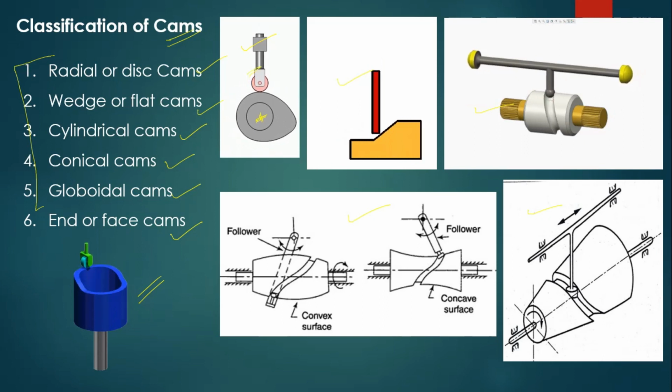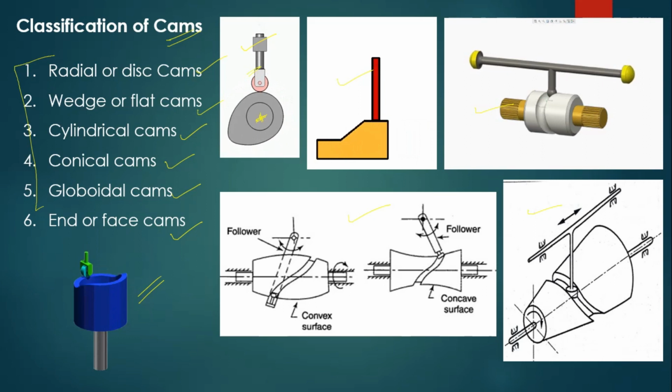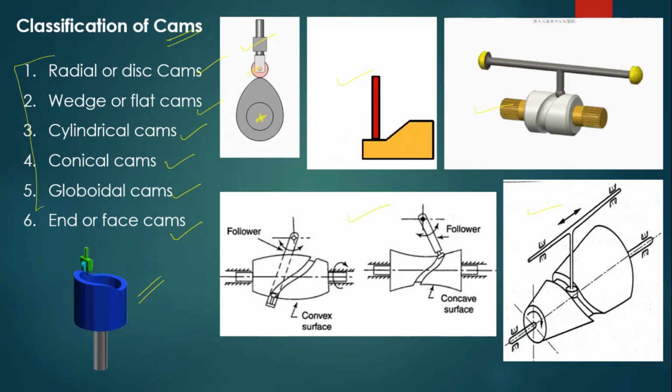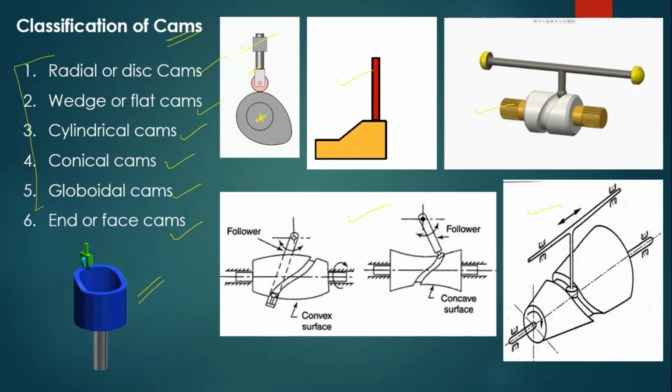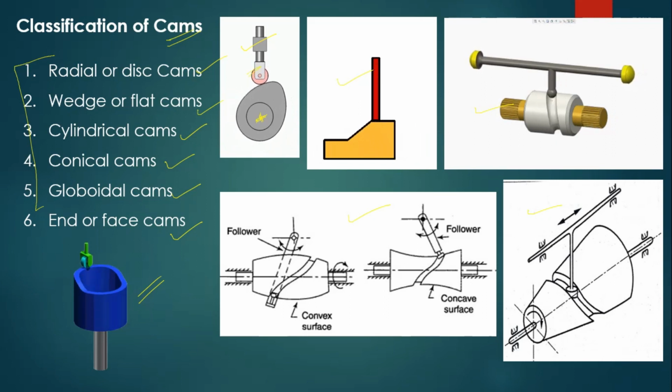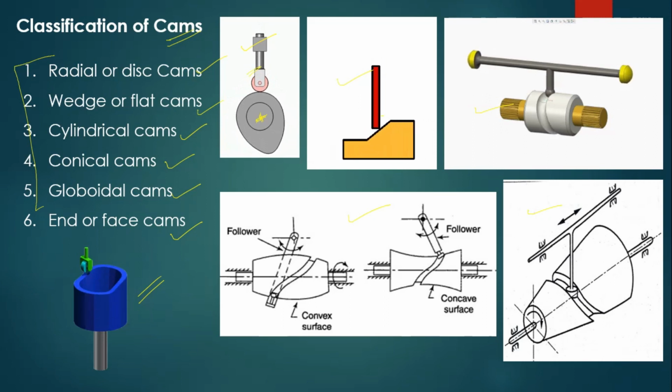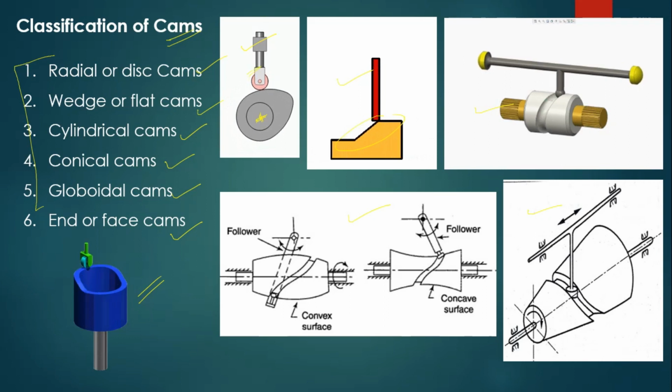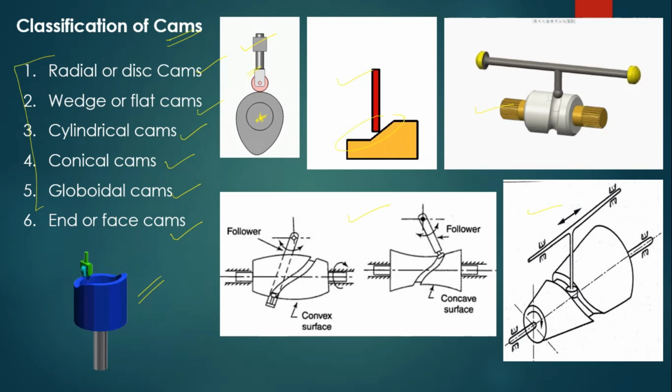Radial cams are also known as disc cams or plate cams, right? Whereas the wedge cam is very interesting. The wedge cam has a wedge shape. See the shape, it seems like a wedge, right? It imparts translatory motion to the follower, right?